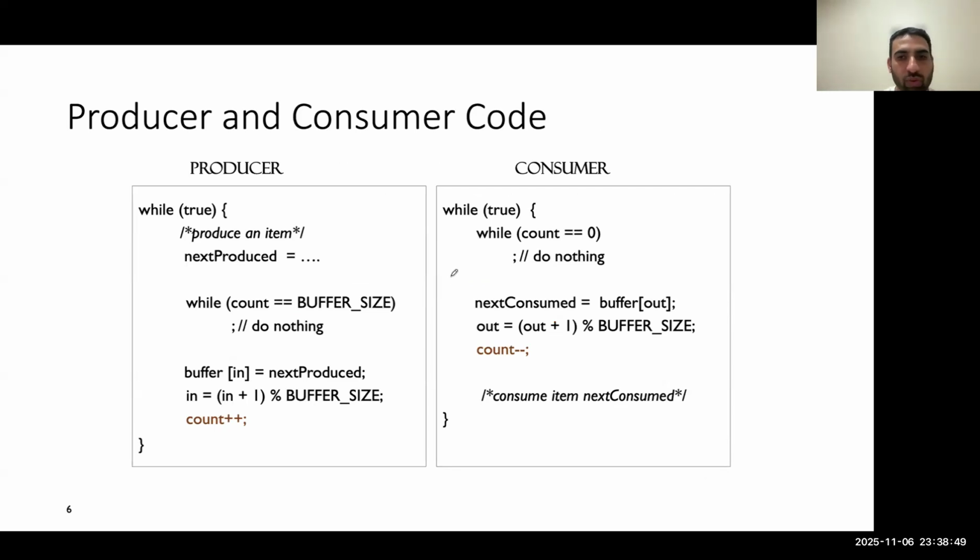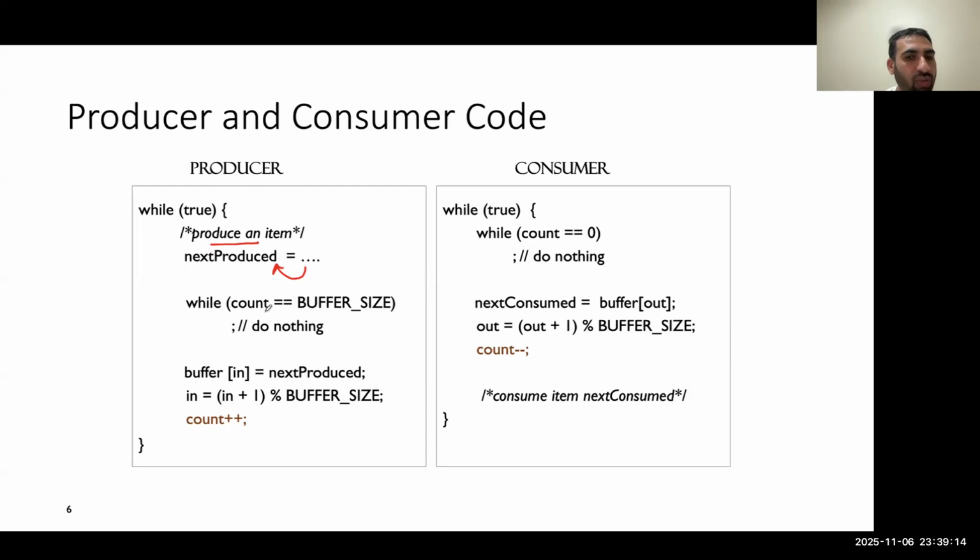What is that problem? Before discussing that, let's have a look at the pseudocode of the producer and the consumer. On the producer side, when it produces an item, it puts a link or a pointer to that item in the next produced variable, and then it checks the value of the count.